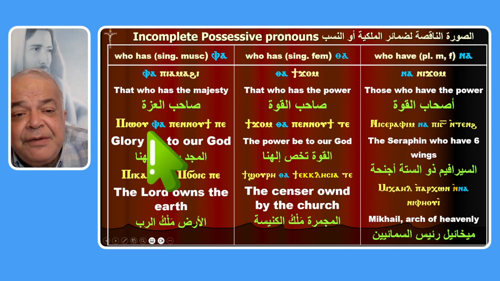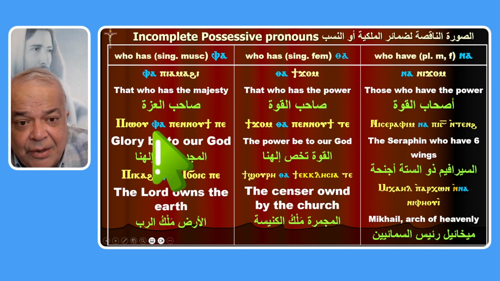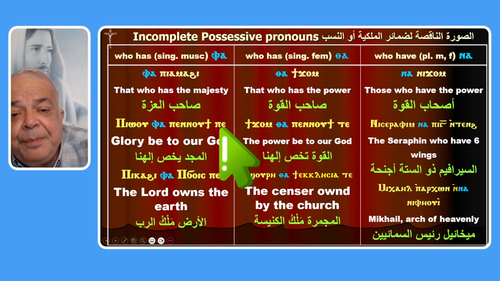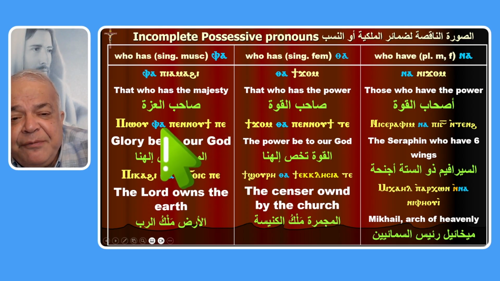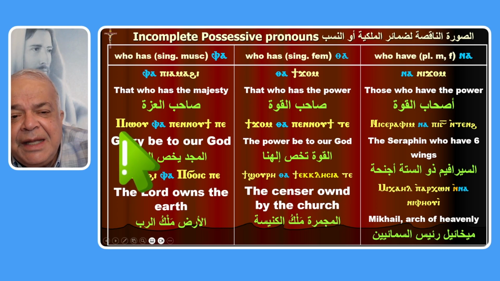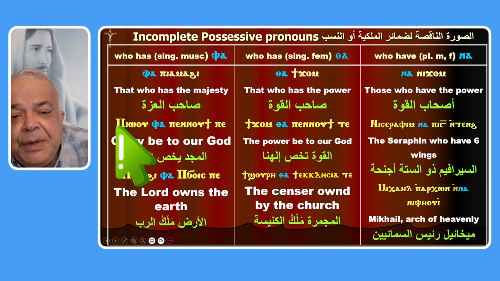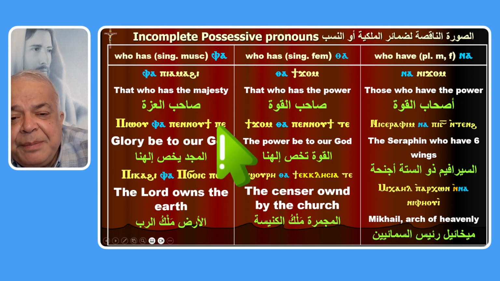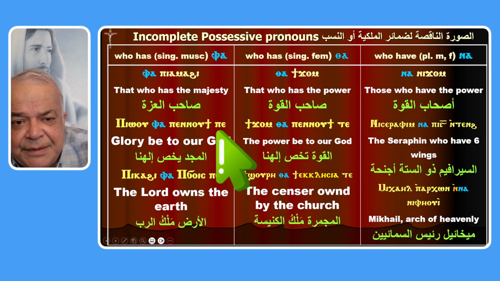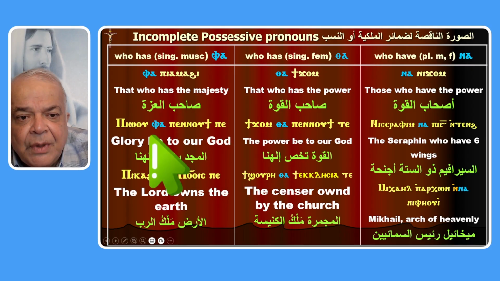But if it is a definite article, the or whatever similar, then the pe will be before penoti. Like I would say, P-O-O, pe penoti, if it is definite. P-O-O, penoti pe, if it is indefinite. We'll repeat that in the future again to remind you.